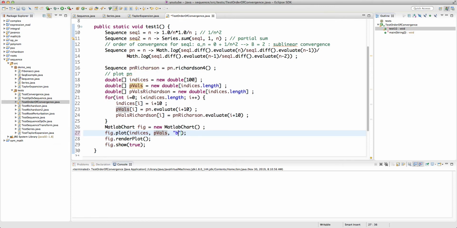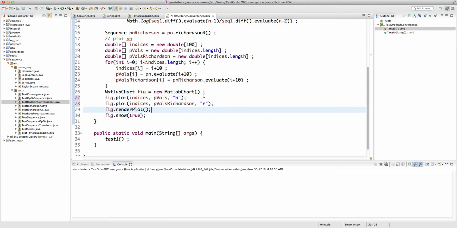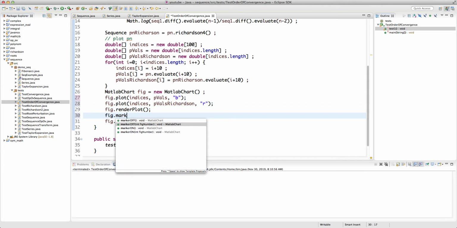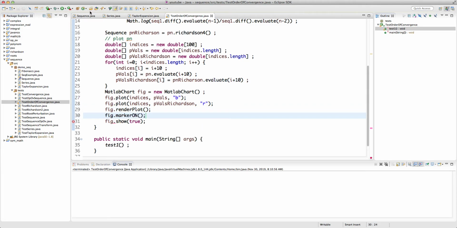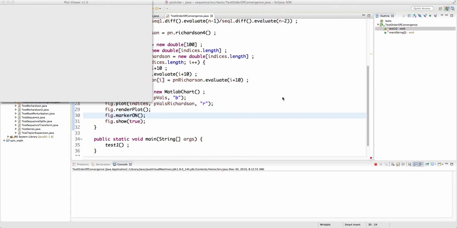Let's give the first one a color of blue and the second one a color of red, and let's also turn the markers on here.